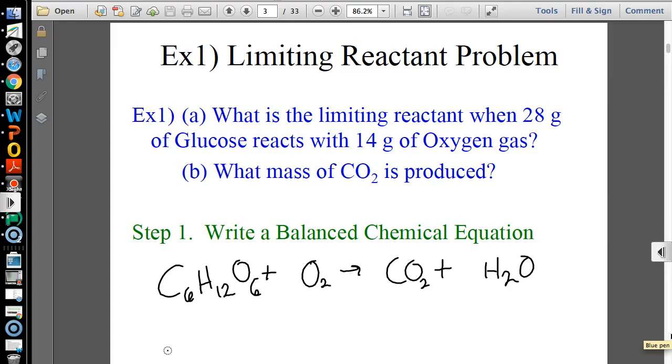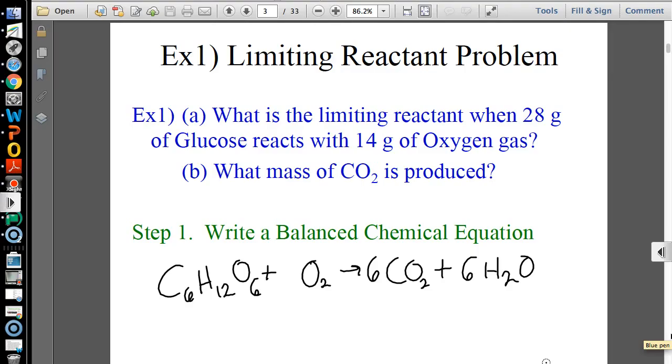Remember, my carbon dioxide count is the same as my carbon. My water is half of the hydrogen, because 6 times 2 is 12. Then I take care of my oxygen. Let's count up the oxygens: 6 times 2 is 12, plus 6 more is 18 oxygens on the product side.